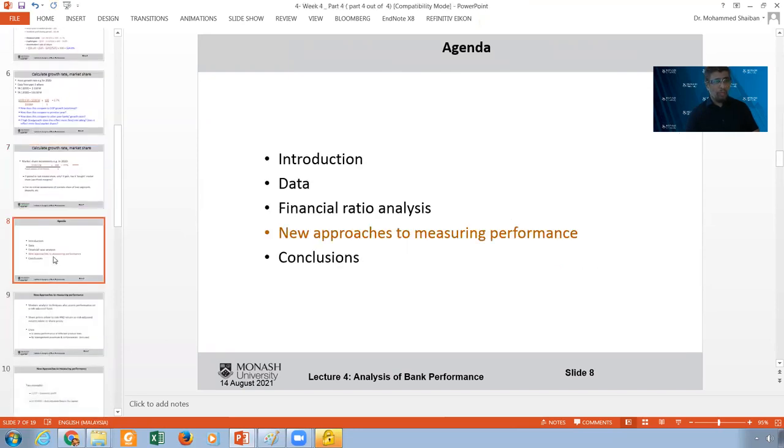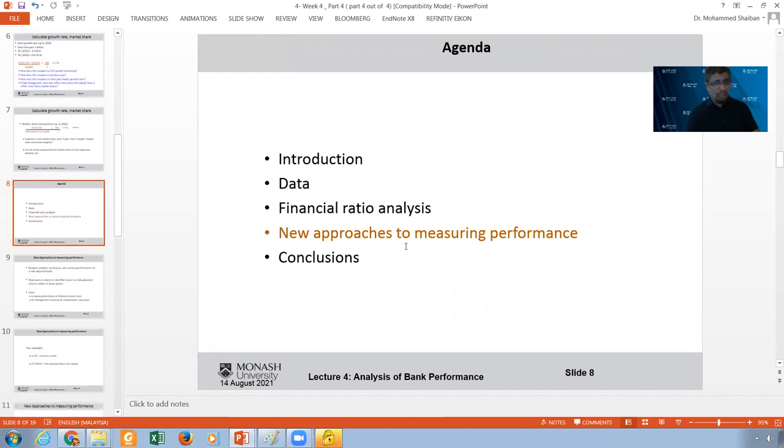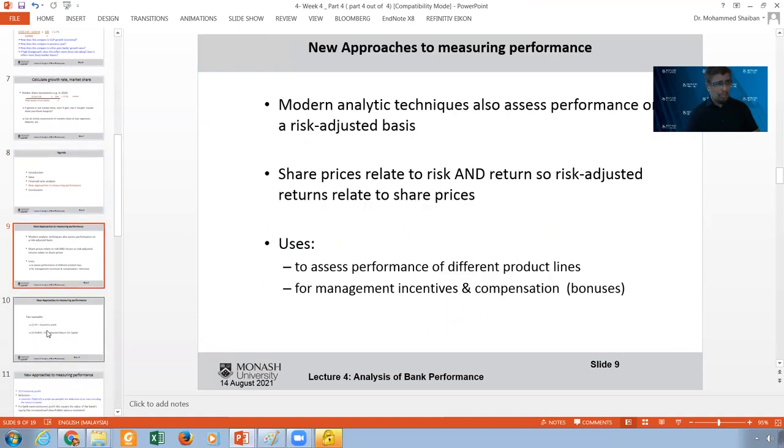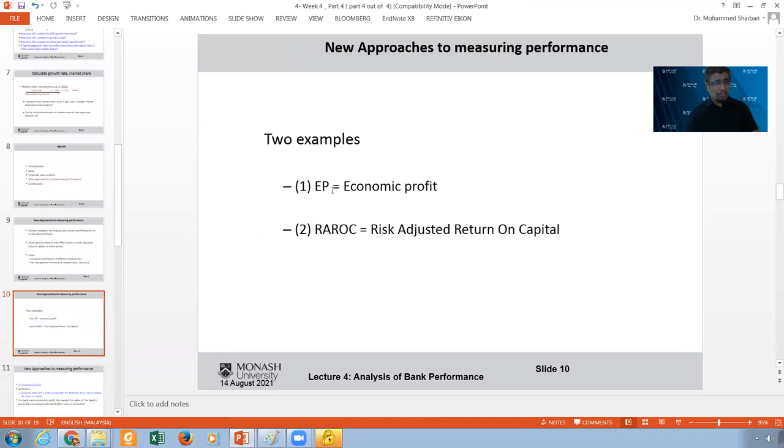Now, let me move to the new approaches. As I told you, new approaches for measuring performance. And we have two of them: the EP, which is the economic profit, and the RAROC, which is the risk-adjusted return on capital.